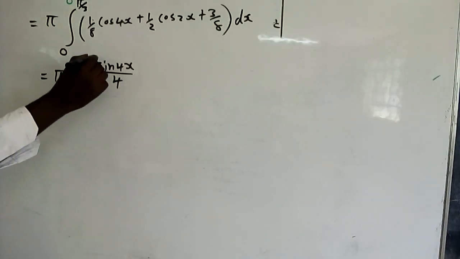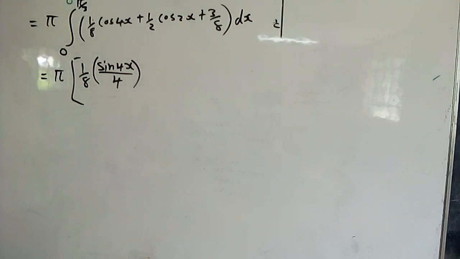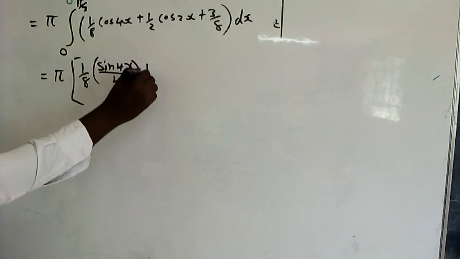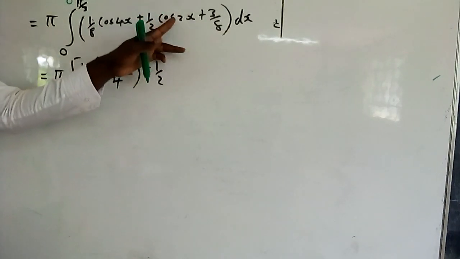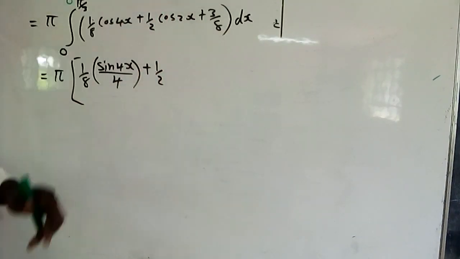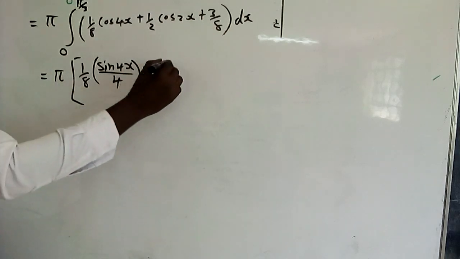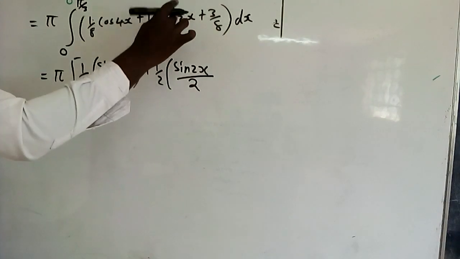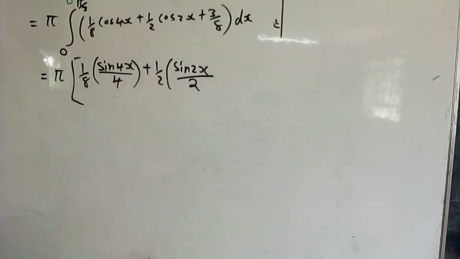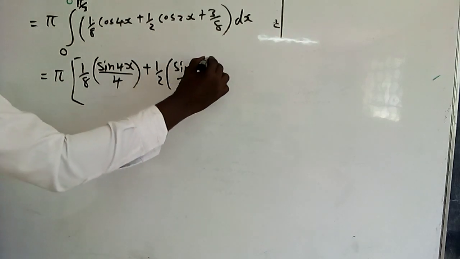So it is 1 over 8 times sine 4x over 4. Then plus a half is a constant. We are integrating cos 2x. If you integrate cos 2x, you get positive sine, then you divide by the derivative within the function, which is 2. Are we together? Then you go to the next one.